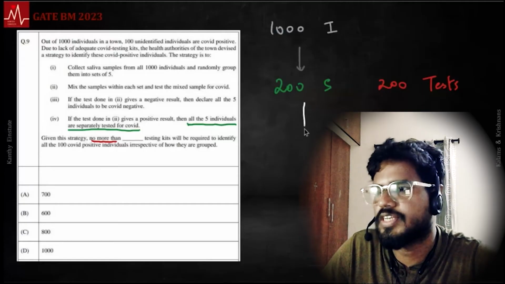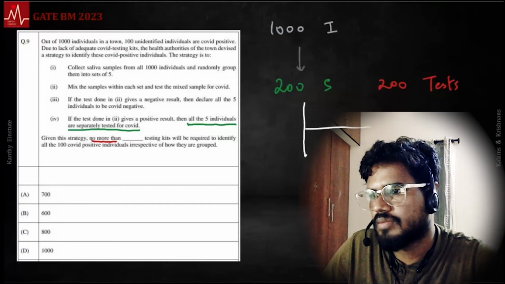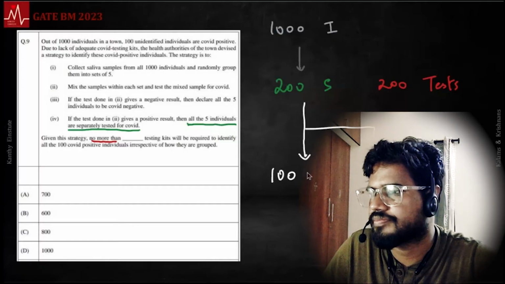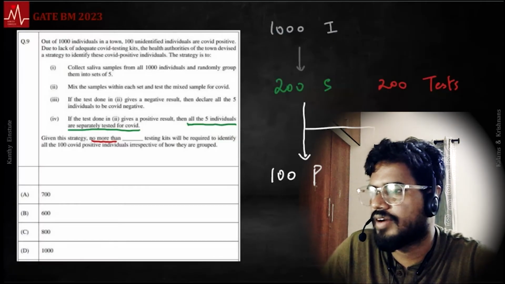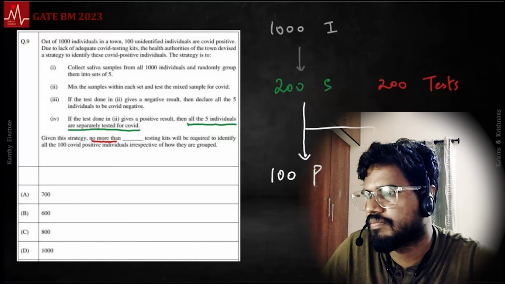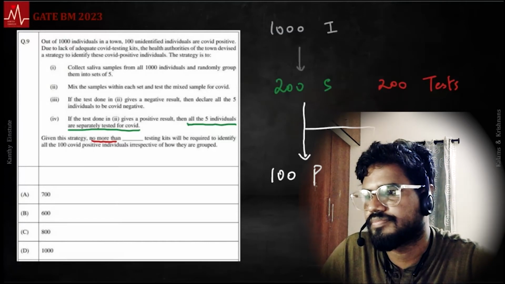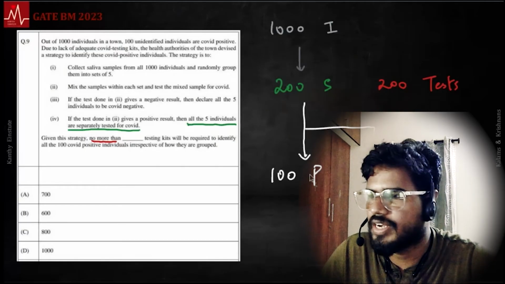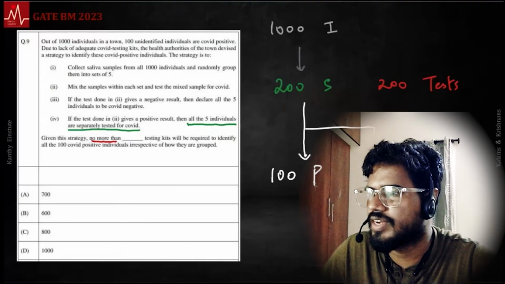So, worst case scenario, this is like 100 positive sets, 100 negative sets. You don't do group testing again. Negative sets at this stage, you can rule out.